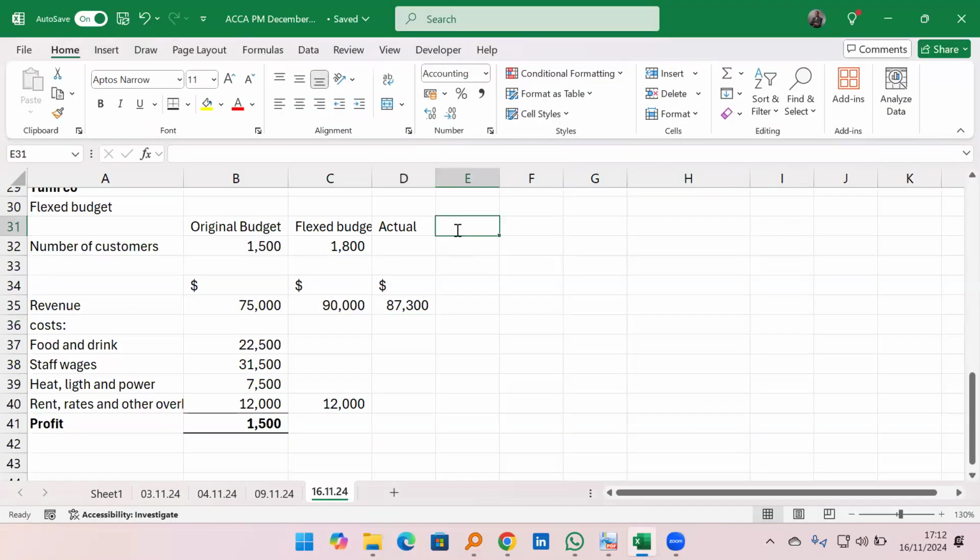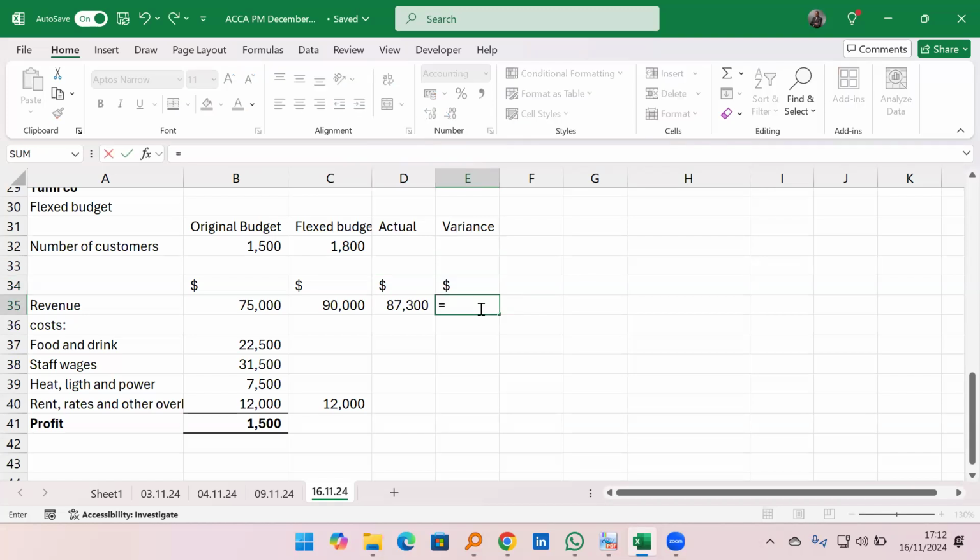Then we can now have the variance. For the revenues, we compare the actual and the flexed. If I subtract actual minus the flexed, I get 2,700, and this is adverse.